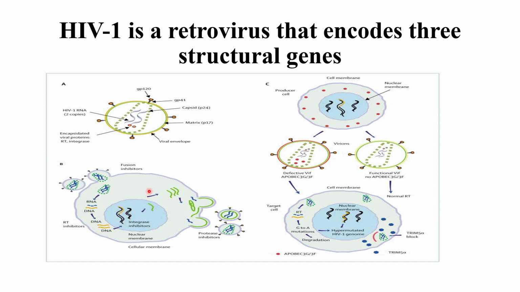It needs to be cut at specific sites, and that is usually done by protease. So when this protease inhibitor is there, the translated product will not be able to form into a functional structure, as in the case of integrase.